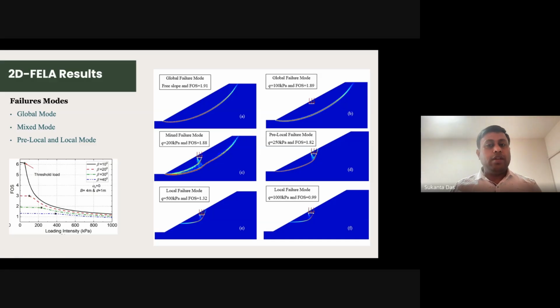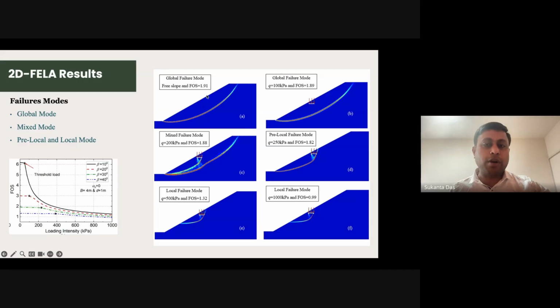So when you have medium dense, homogeneous soil, it is likely to fail in a toe failure, because the entry and exit points of the slip surface pass through the toe. So this is typically a toe failure.